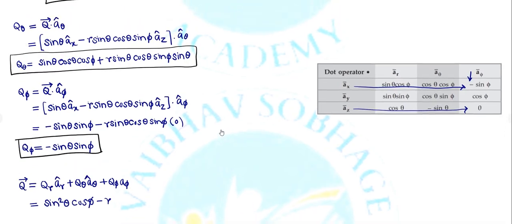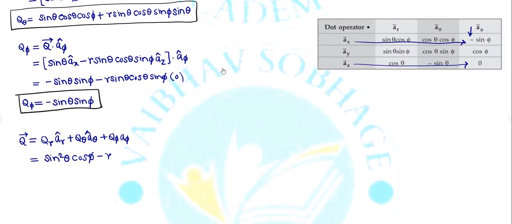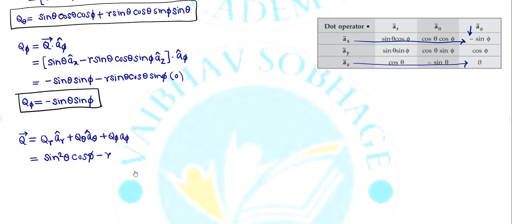Let me check that one. Yes, r sine theta sine phi cos square theta. If you have noted it down, you can directly write it down. So Qr is what? Sine square theta cos phi minus r sine theta sine phi cos square theta. This is what we have for your vector Qr along the r direction.